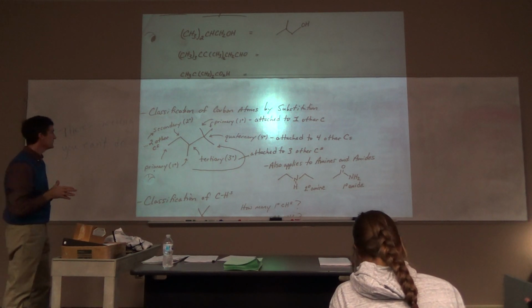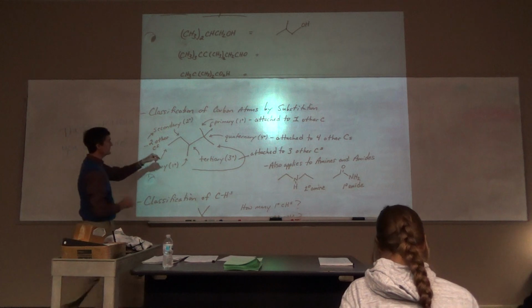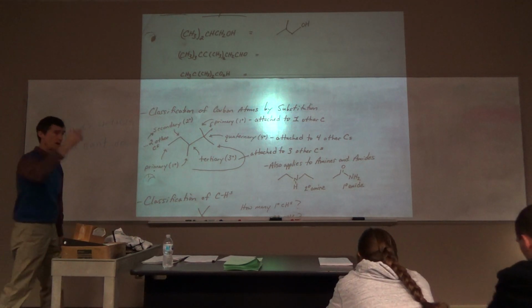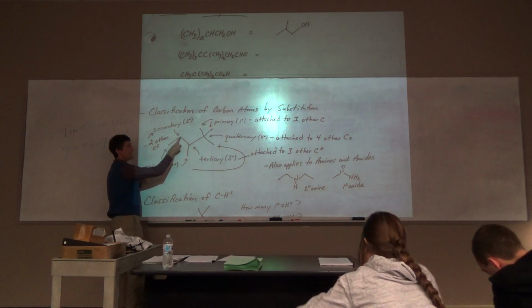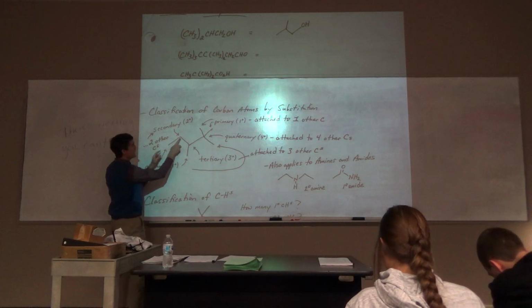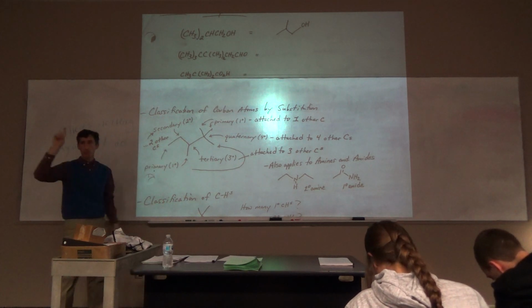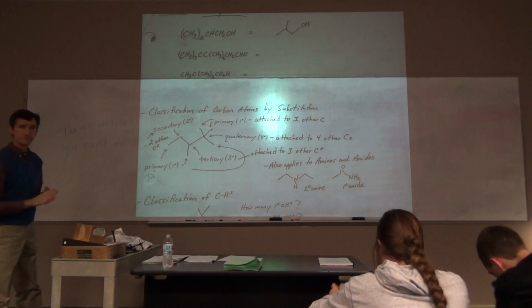Five primary carbons. How many secondary carbons in this compound? A secondary carbon is bonded to how many carbons? 2. That one's bonded to 2. Any other secondary carbons? Only one secondary carbon in this compound.